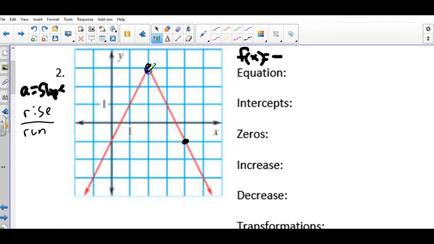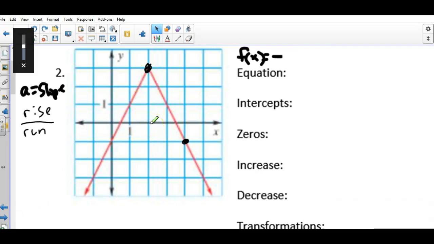Just remember, rise is up and down. So I'm going to work down this time just to give you a little difference. Since we're going to work down this time, what I want you to do is count from this point for our rise. Now, how far down do we go? So we went down 1, 2, 3, 4. We went down 4 lines before we hit this one. So the rise is going to be -4.